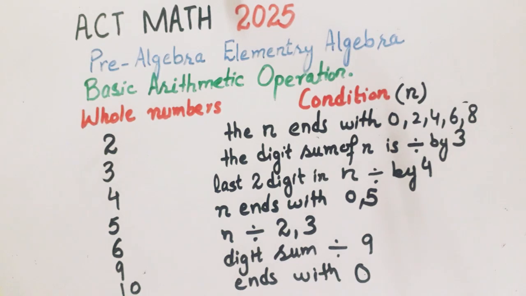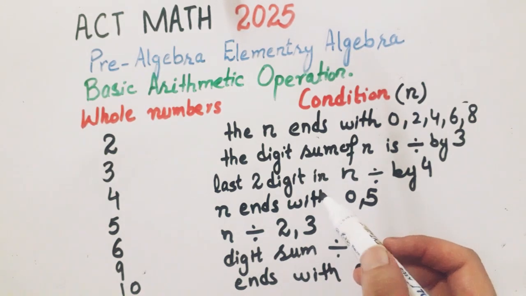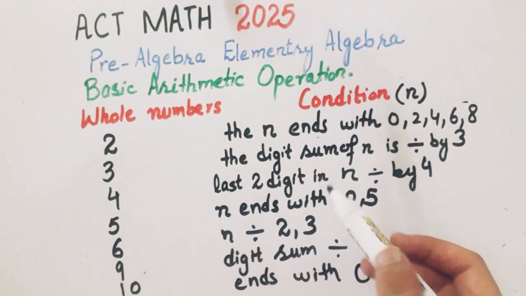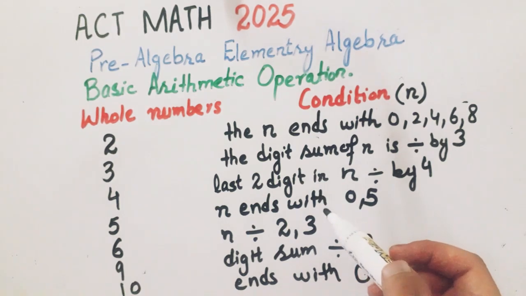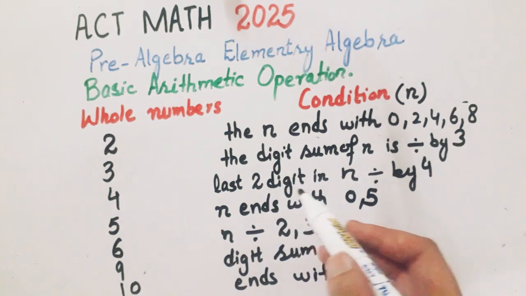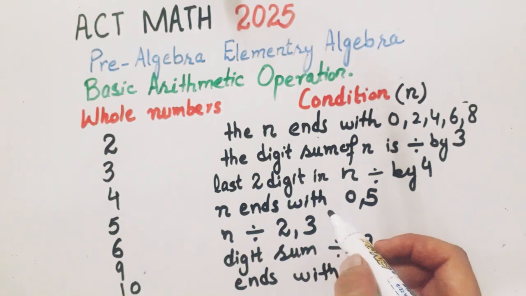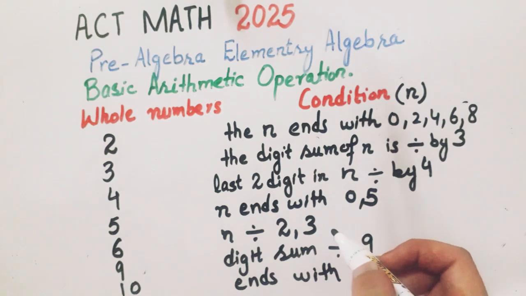A whole number whose only factors are the numbers 1 and n is called a prime number, a number which has only two factors, 1 and the number itself, and all the other numbers are called composite numbers. Every composite number can be written as a product of prime numbers, which is called prime factorization.